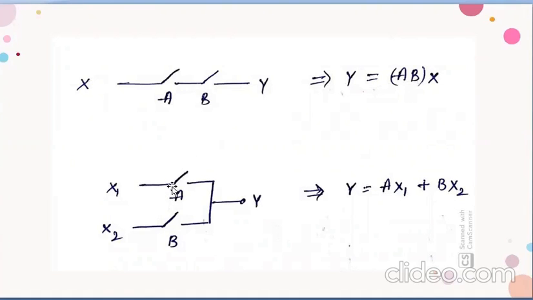When I connect switches in parallel, I will get my output high when any one of my inputs A or B is high. So if we want to get AND operation, we have to connect the switches in series, whereas if we connect switches in parallel, we get OR operation.